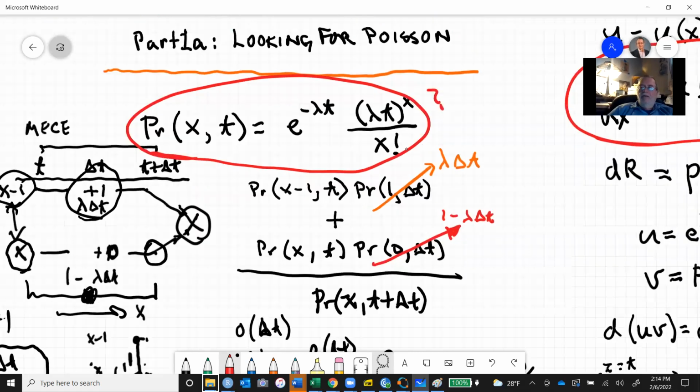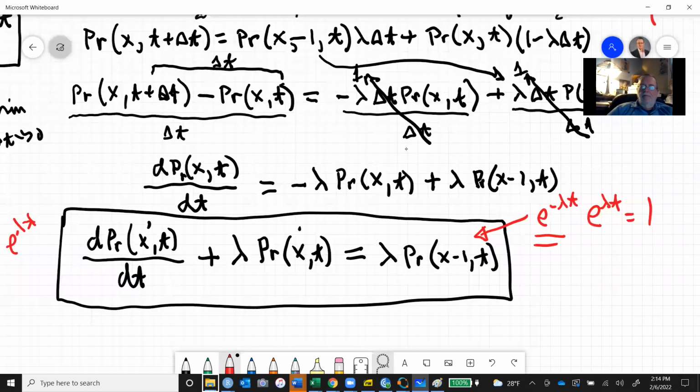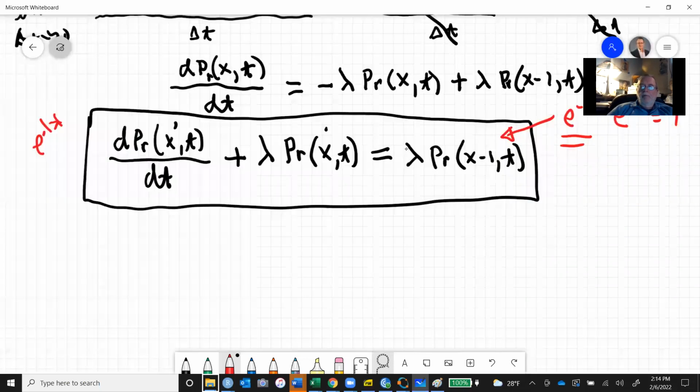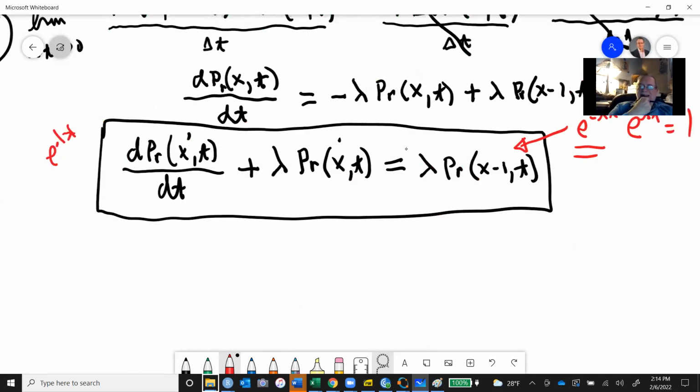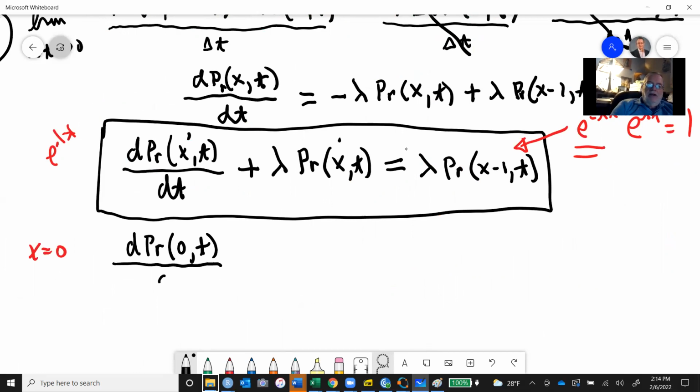Okay, now let's just do a couple of iterations here. Let's let x equal 0 first. Now that's this. A small change in that probability.